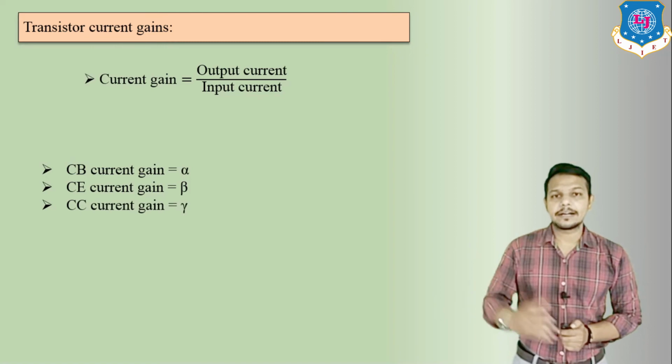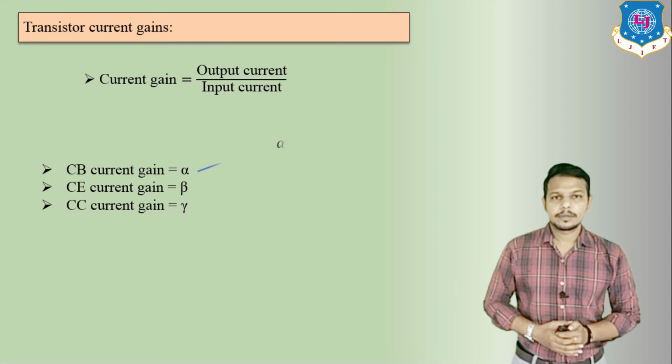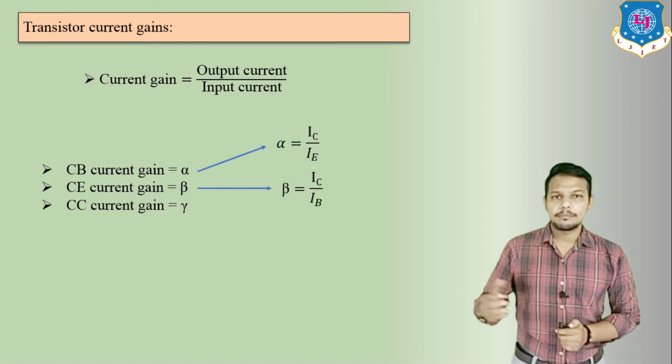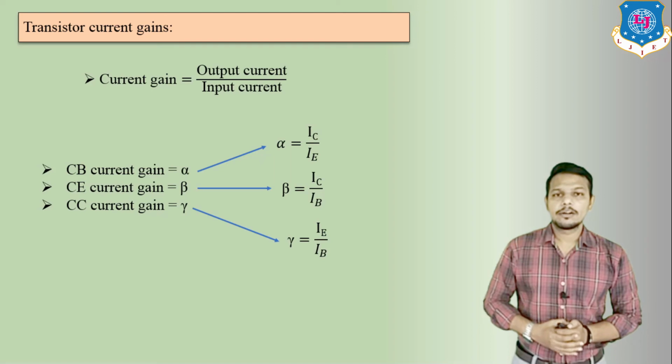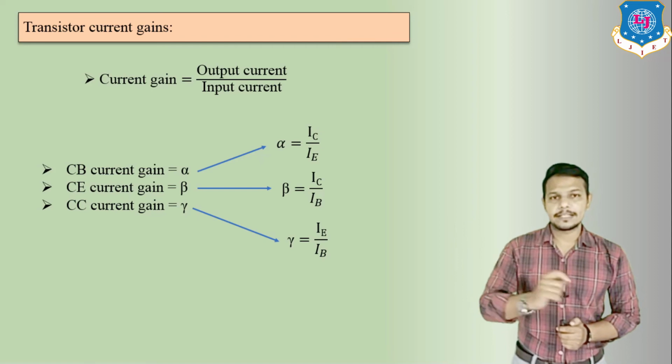And CC current gain, common collector current gain, is equal to gamma. Here alpha is equal to IC upon IE, beta is equal to IC upon IB, and gamma is equal to IE upon IB. So here we will discuss only the CE current gain, common emitter current gain, that is beta.